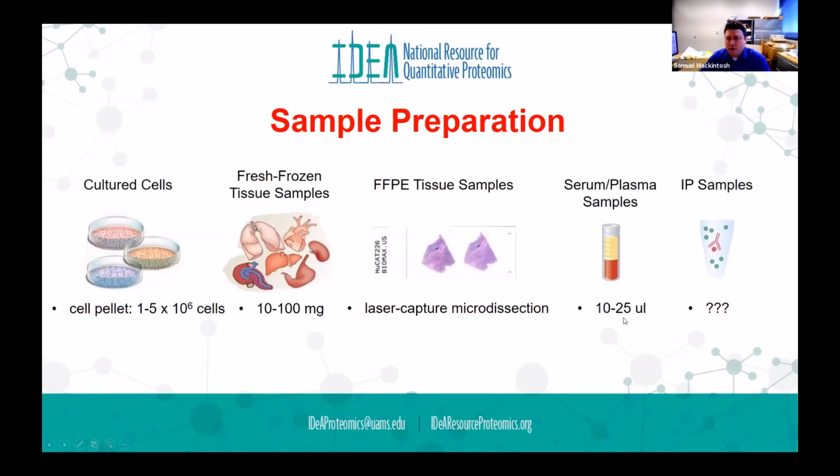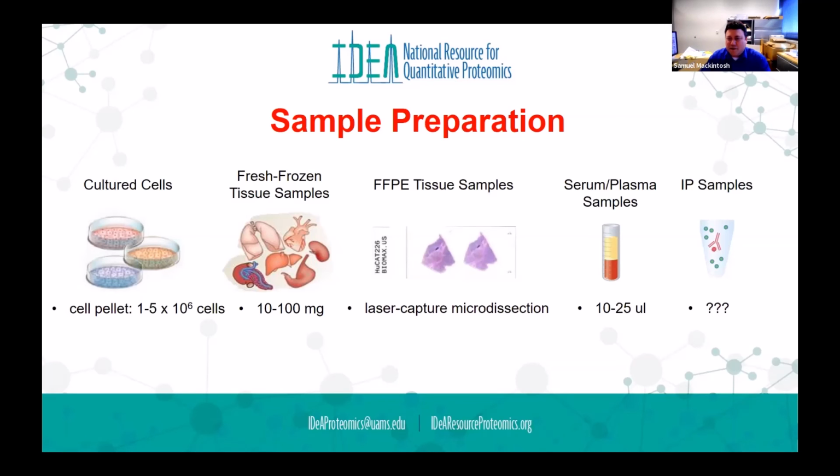Serum is pretty easy to work with because it's uniform in terms of protein composition. The main complication there is consistent handling sometimes. A lot of the way in which serum samples, especially from patients, have to be collected sometimes works against us, because at the moment of collection, the future research is not always the top priority.